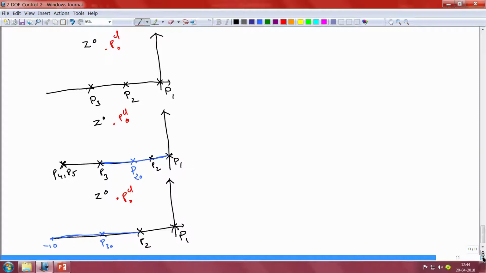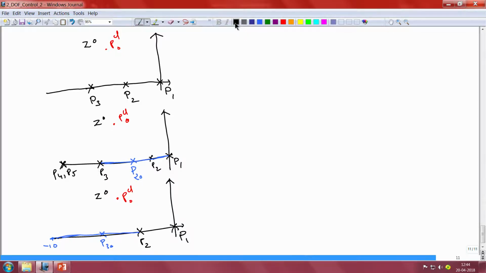In order to solve this problem, I have drawn 3 different complex planes on the left. The first complex plane indicates the locations of the poles P1, P2 and P3 of the plant, which are assumed in this case to be located at their nominal positions, and we consider only the variation in the gain of the plant.